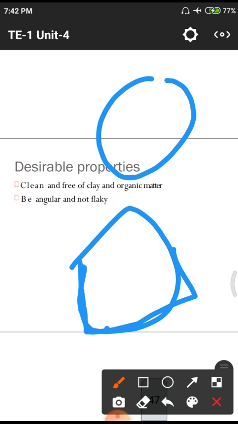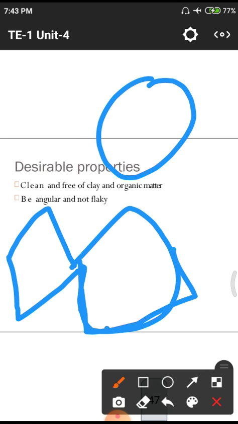We won't use rounded aggregates. Why? Because rounded aggregates have less friction, so whenever we mix them with binding materials, those rounded aggregates will not absorb the binding materials. Due to this non-absorption of binding material, proper compressive strength is not obtained. Whenever we choose aggregates with angular shapes, one angular shape and another angular shape fit together, and there will be some voids.